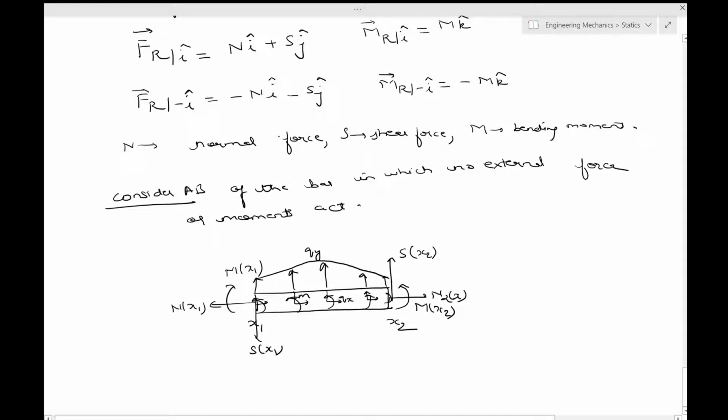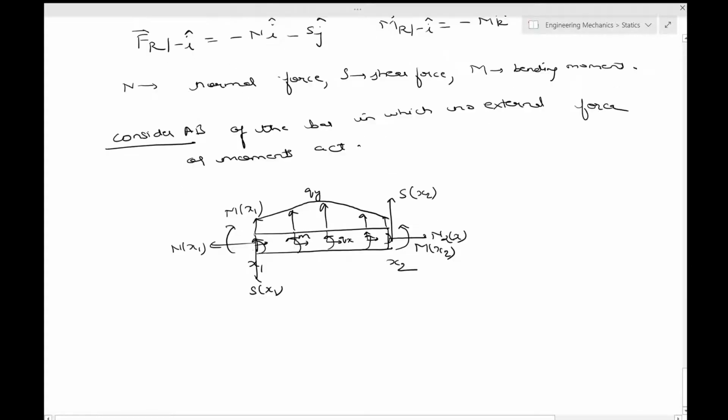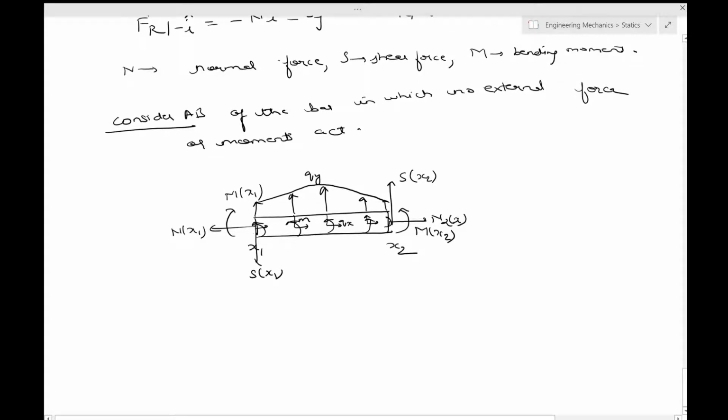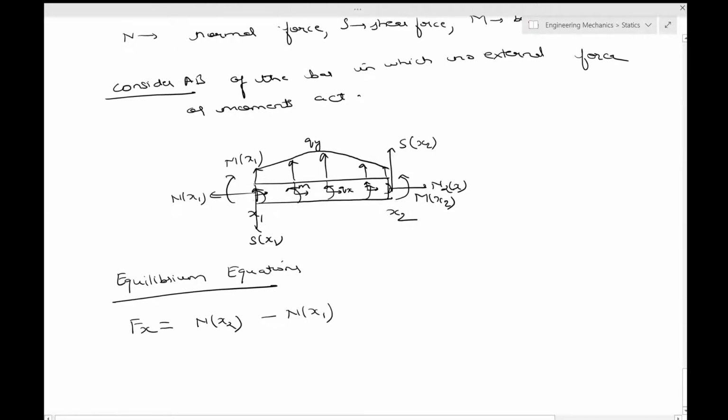Now if you want to write the equilibrium equation for this segment, first write Fx is equal to N of x2 minus N of x1 plus the integral from x1 to x2 of qx dx. Okay, this is 0.